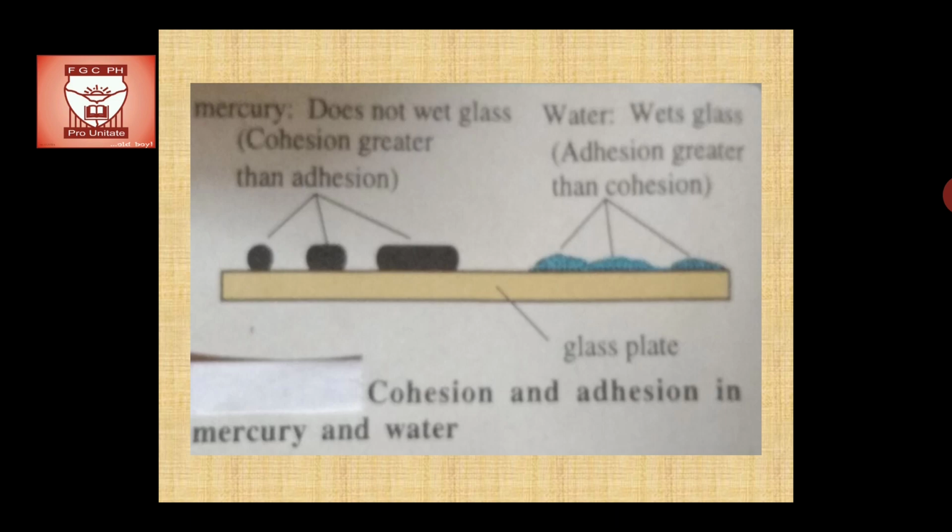So why is it like that? Mercury does not wet glass because cohesion force is greater than adhesion force. You know, they are all poured on glass, but mercury does not wet that glass. Instead, it forms bubbles. Why? It's because the cohesion force of mercury is greater than the adhesion.